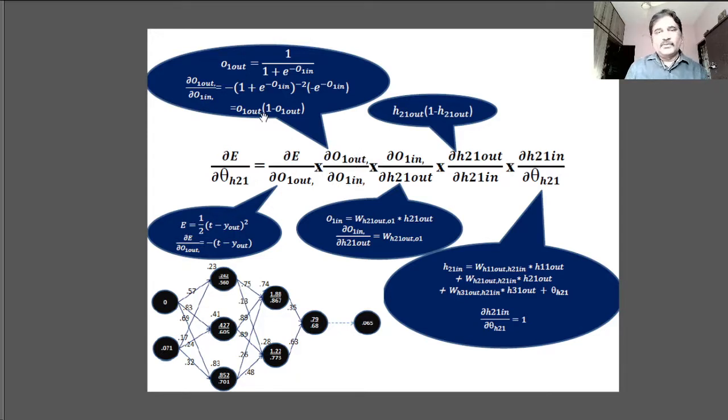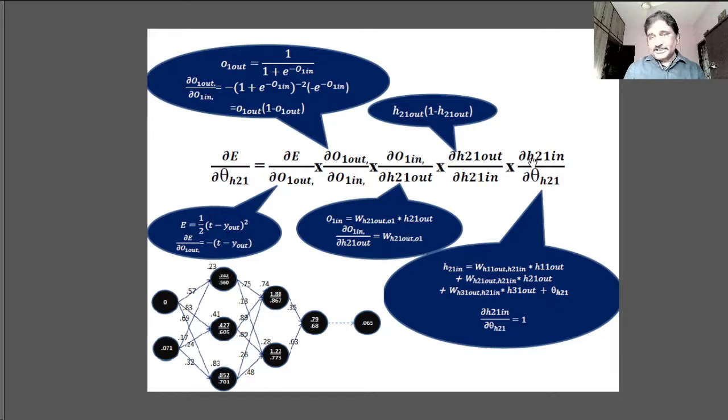Like it was O1 out into 1 minus O1 out, here it will be H21 out into 1 minus H21 out, because these two things are related to each other by the sigmoidal formula. So the differentiation of H21 out with respect to H21 in will come equal to H21 out into, in bracket, 1 minus H21 out.